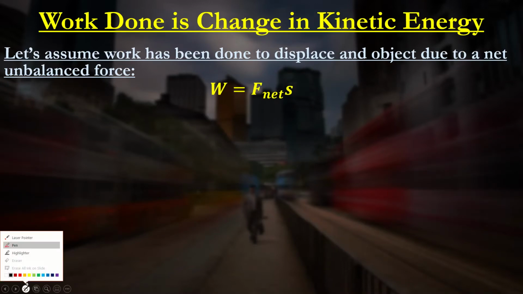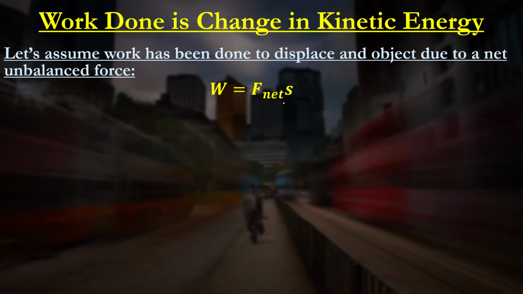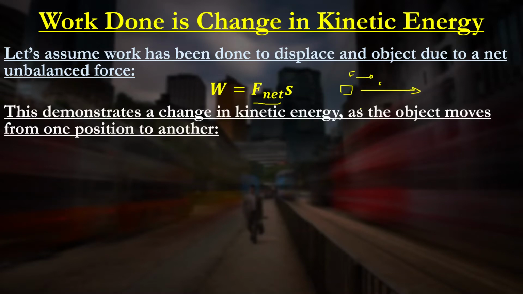Alright, let's try and split this up and show how work done and change in kinetic energy are related to each other. If there's a net unbalanced force, an object will experience some form of work done upon it, so it's going to move. If you look closely here, kinetic energy refers to an object moving. So if I have an object that is initially stationary and all of a sudden it moves, let's say 5 meters, then it's experienced a change in kinetic energy.